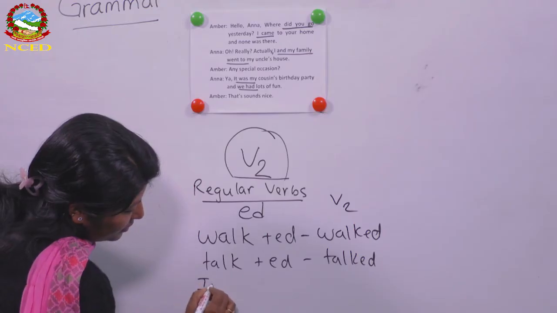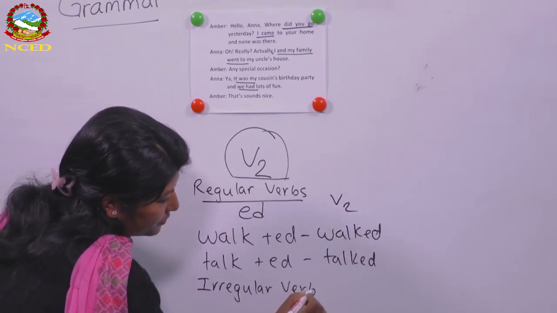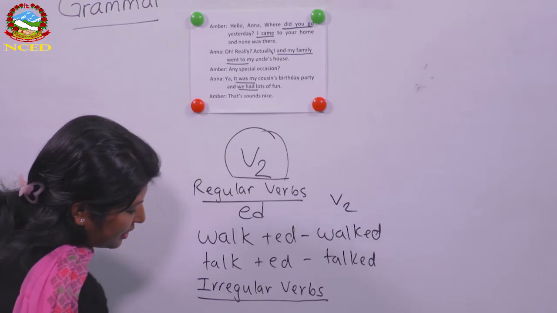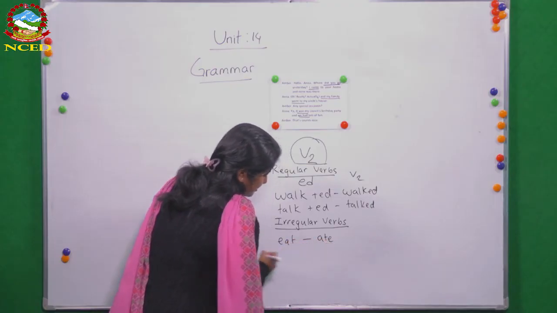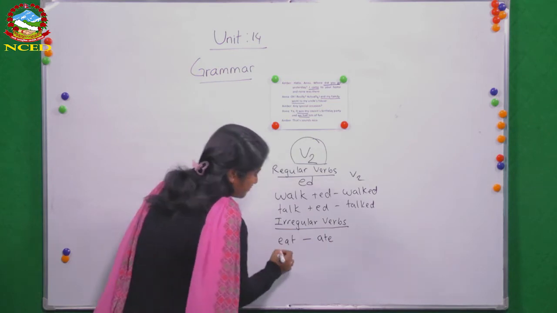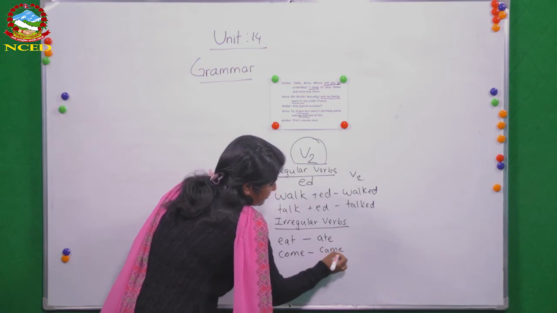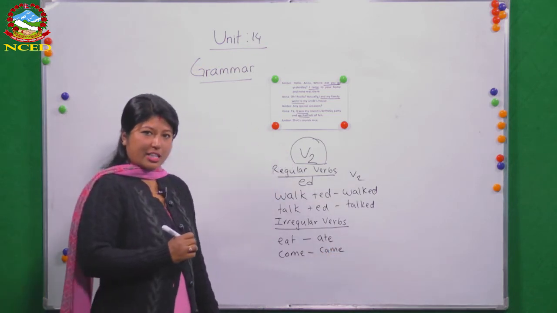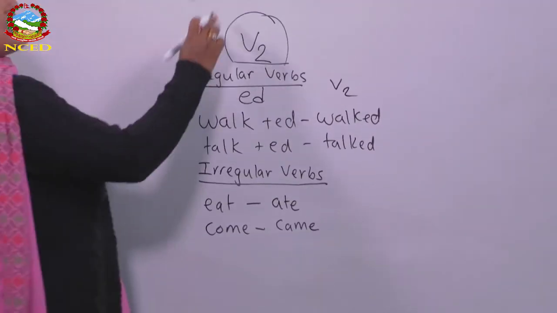Examples of irregular verbs are eat, ate. Come, came. So the use of verb two is there in simple past tense.